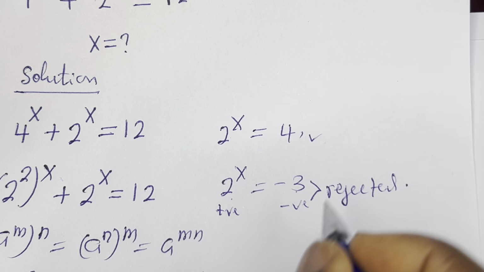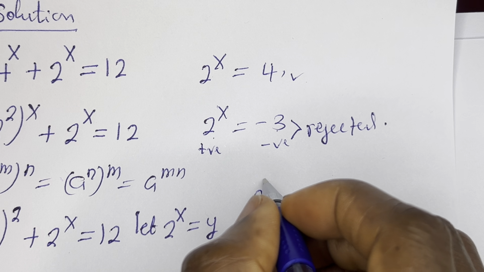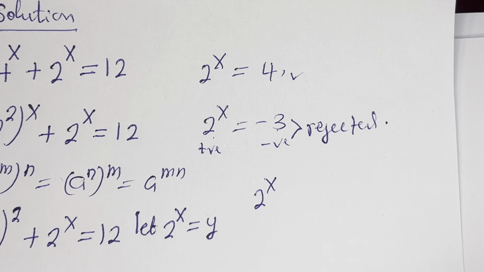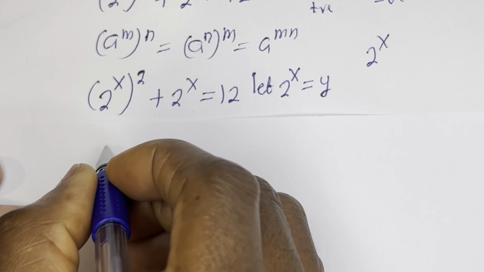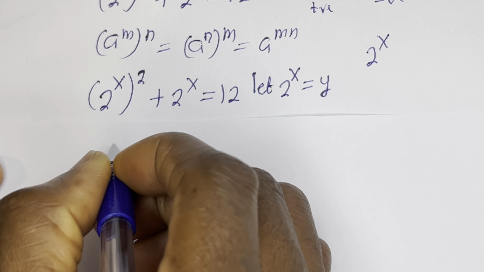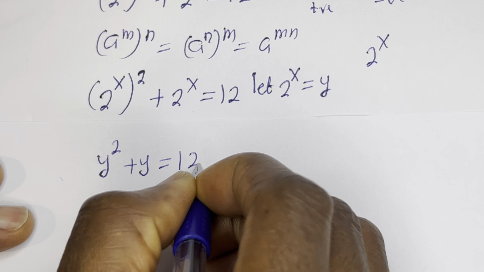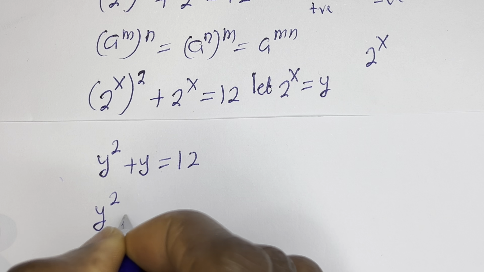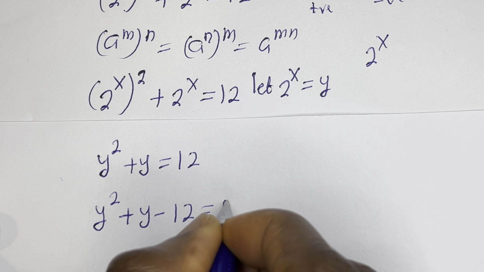Now we consider this 2 to the power of s, then we have y squared plus y is equal to 12. This is y squared plus y minus 12 is equal to 0.